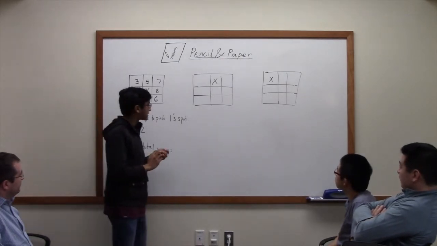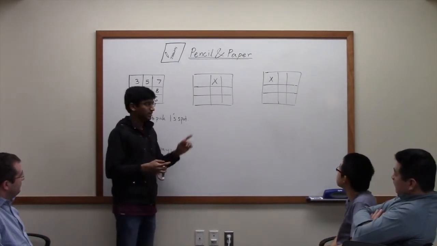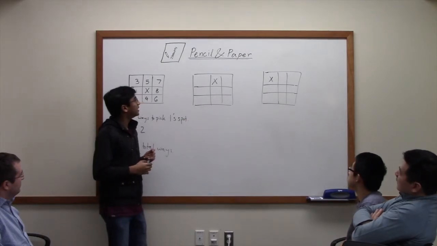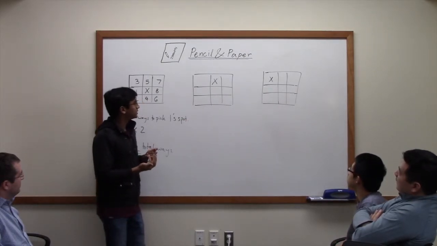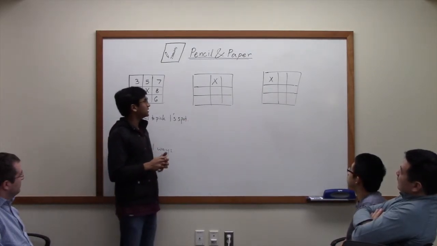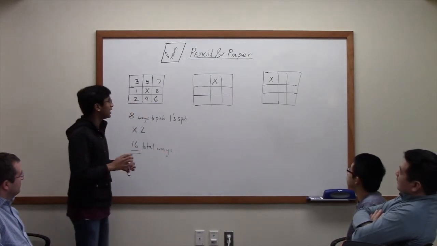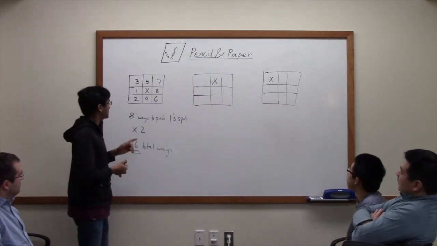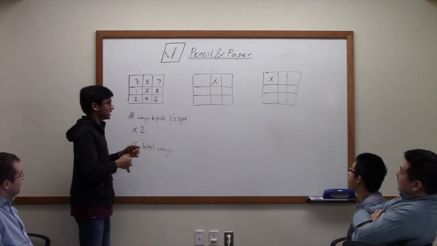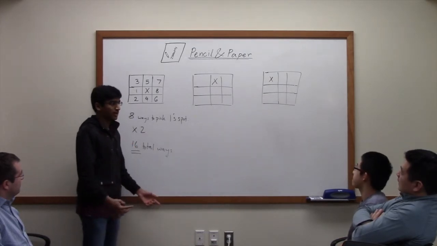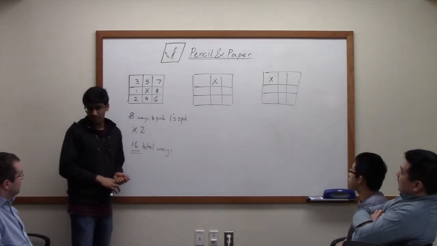So now let's look at the next case, where we have the x in the middle of a side. Again, it's useful to look at where 1 can go, because 1 has to be next to 2 and 3, and it cannot be next to 4. So you can only have up to 2 neighbors.